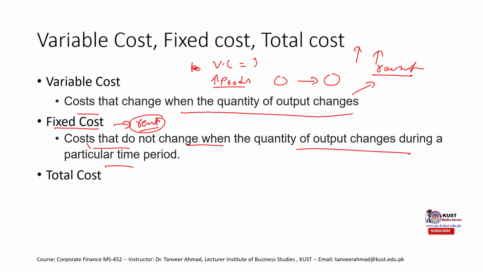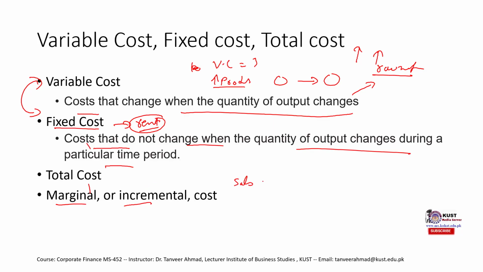Then we have total cost, which would be the combination of variable cost and the fixed cost. We also have marginal or incremental cost. What this is that if production is 0, output is 0, then our total cost would be equal to fixed cost, because if production is 0, variable cost would be 0, right?